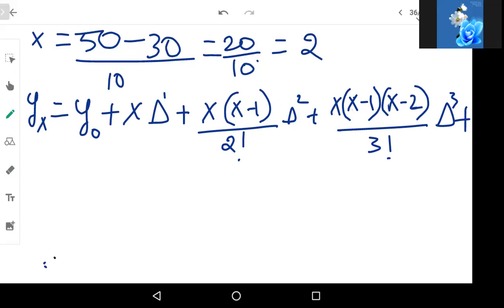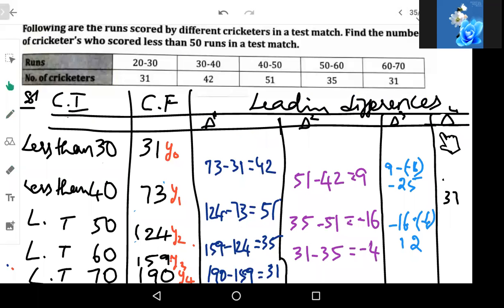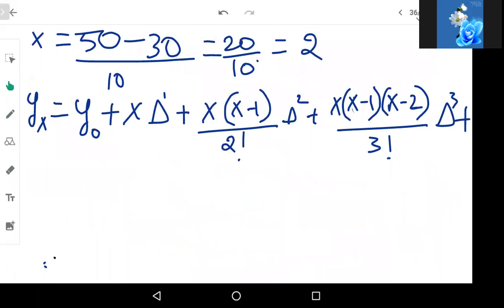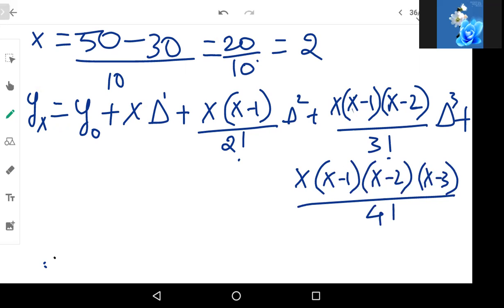If you see, you have 4 leading differences, it's not only 2 or 3. Until however many leading differences you have, that many terms you have to write. So plus x into x minus 1 into x minus 2 into x minus 3 divided by 4 factorial into the fourth leading difference. Okay, so that is the formula.